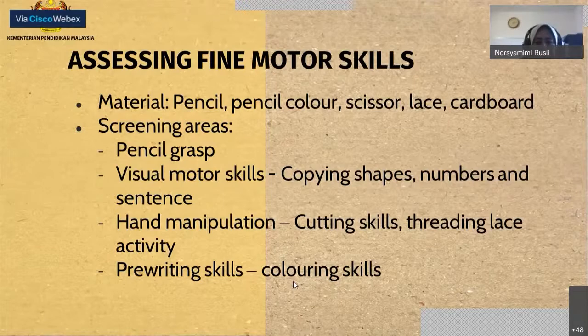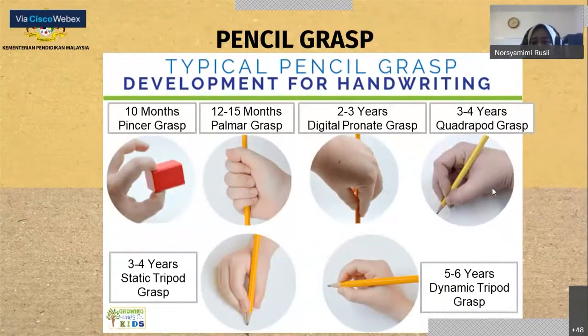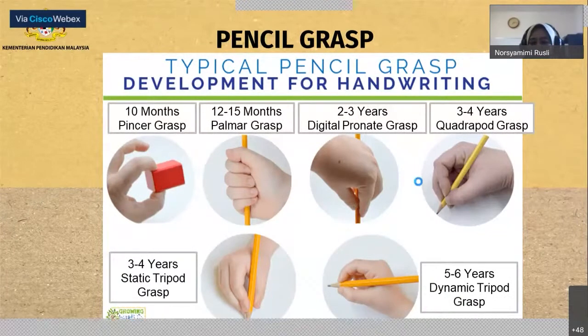My computer can sometimes be a bit slow, so bear with me. Okay, so this one. We've seen this yesterday. Can someone recall which one is the functional pencil grasp? Which one is the immature pencil grasp?